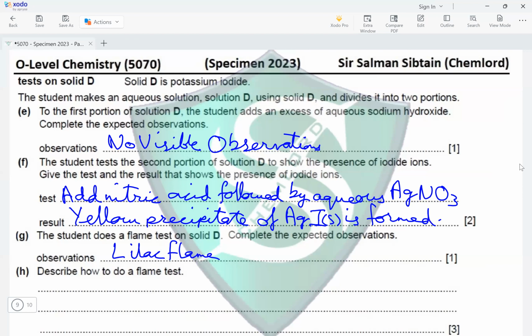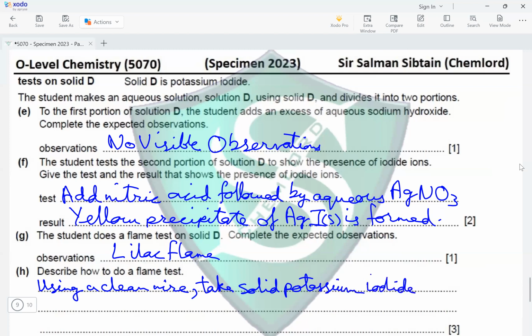Part H. Describe how to do a flame test. And this is for 3 marks. So this needs to be explained in detail. So what we will do is using a clean wire or a wire loop, whichever we recall, take solid potassium iodide on it.